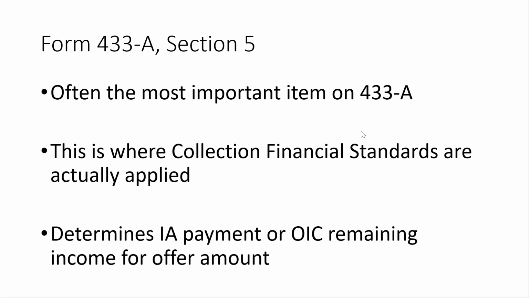This is what determines what your client's installment agreement payment is going to be every month. This is what determines what gets multiplied by either 12 or 24 under the offer in compromise formula to go into determining their minimum offer amount. Literally like 90 or 95% of all the resolution options that are available to your client are based on this table. That's how important it is.